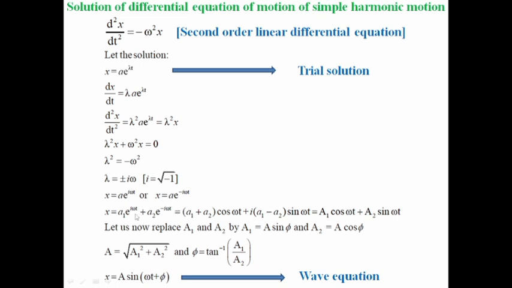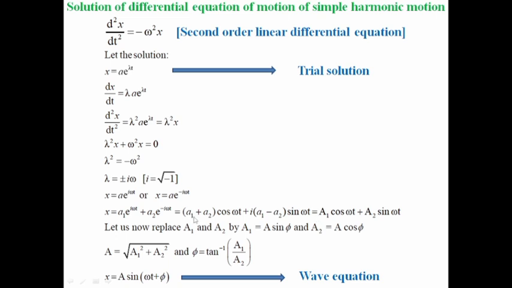Now you know e to the power i theta is cos theta plus i sin theta, and e to the power minus i theta is cos theta minus i sin theta. If we add these two, it will be (a1 plus a2) cos omega t plus i (a1 minus a2) sin omega t.